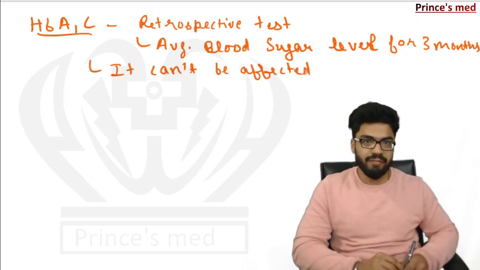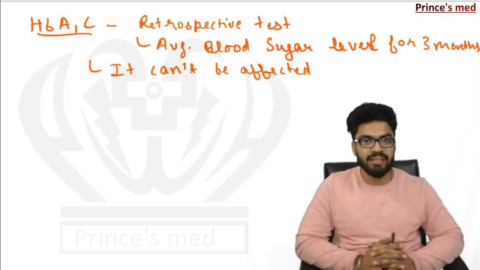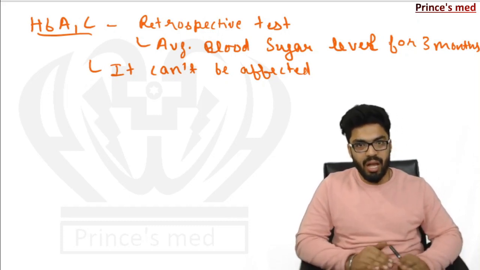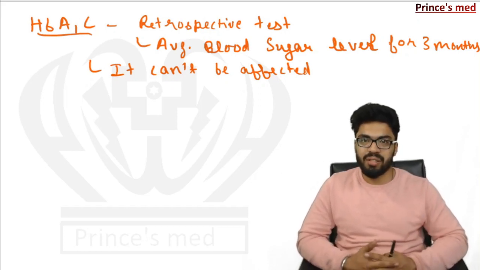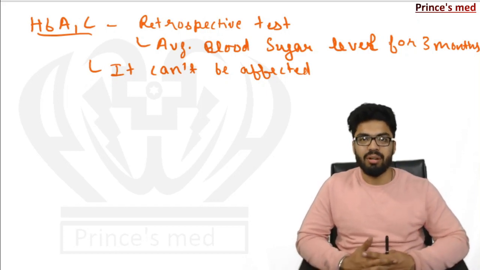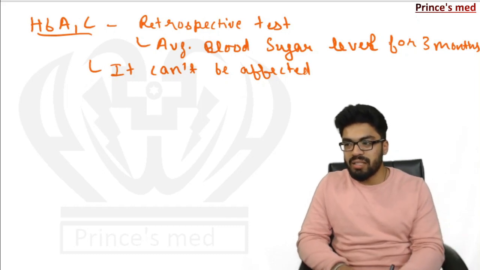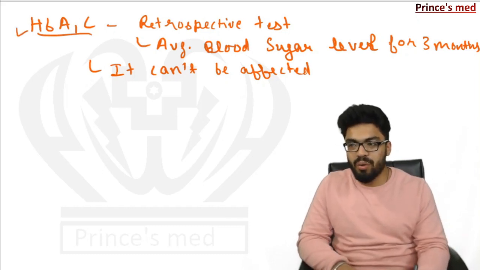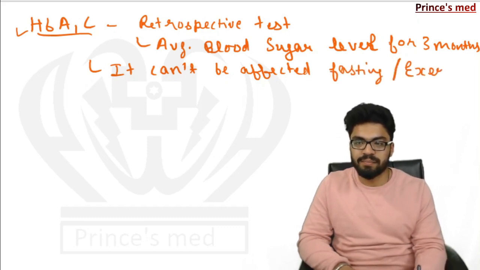Like if someone is fasting, obviously he has low sugar, hypoglycemia. And if a person comes after exercise, he also has hypoglycemia. So this is the best test because it can't be affected by fasting or exercise.